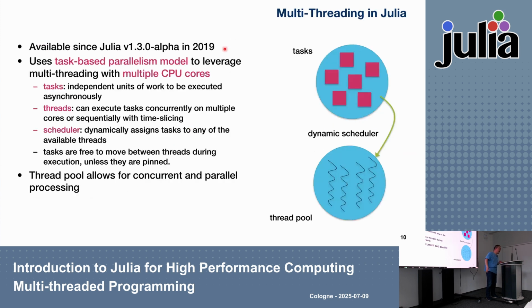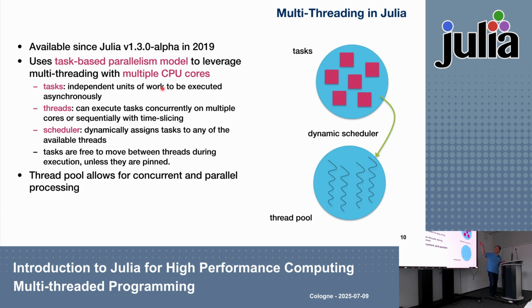Julia multi-threading was developed several years ago. The basic concept is the so-called task-based parallelization model, to leverage multi-threading by using multiple CPU cores.